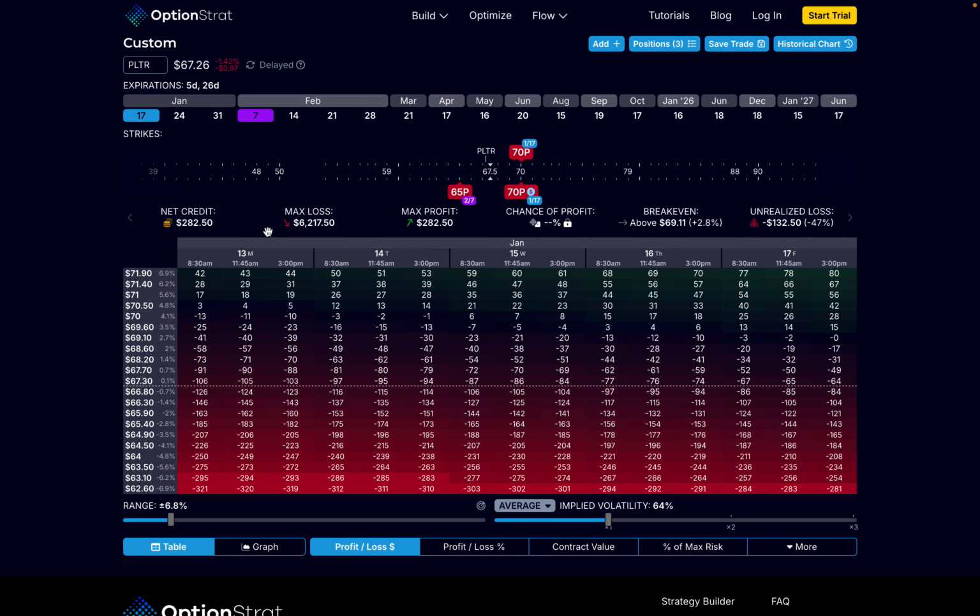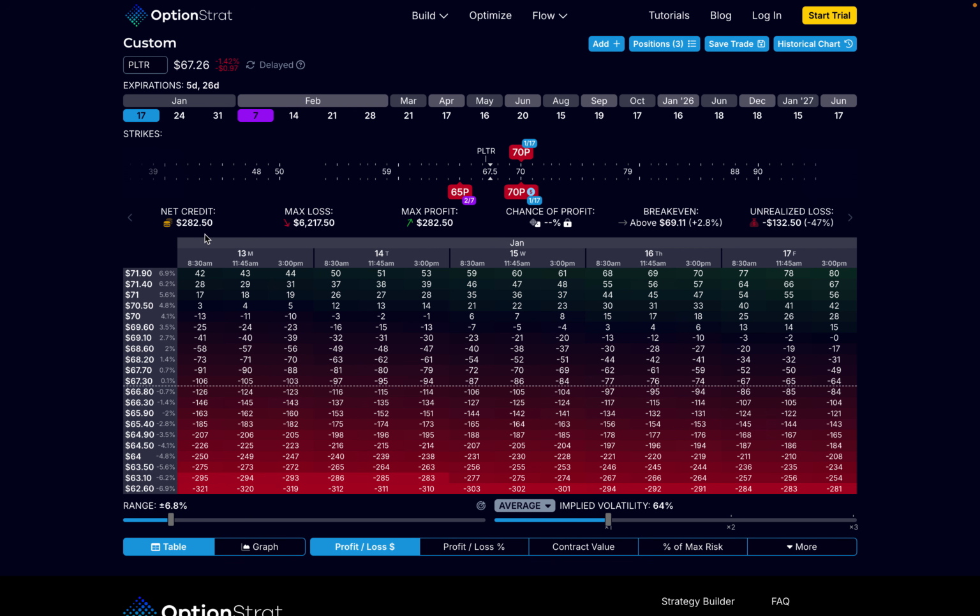We can see our max loss has actually gone down as well. Our max profit, again, is the credit. Ultimately, what we're doing is closing our current trade and opening up a new trade. Now, as long as Palantir is above $65 a share on February 7th, this would expire worthless and I would make $282.